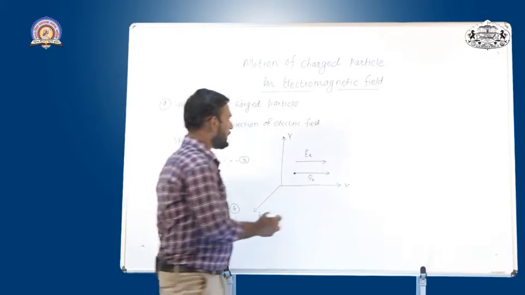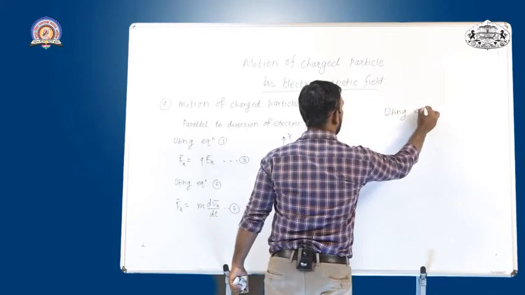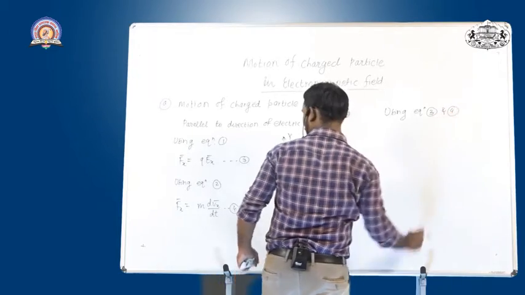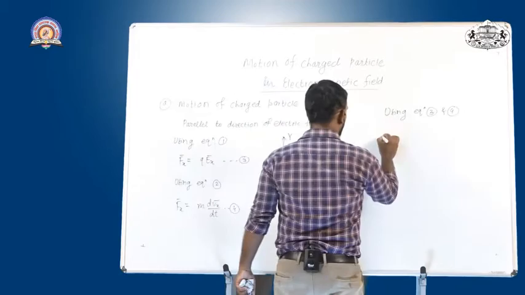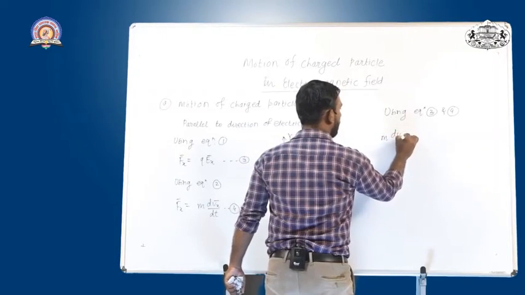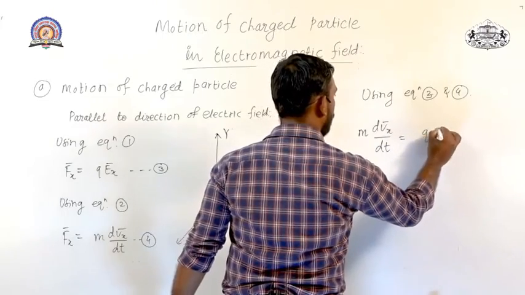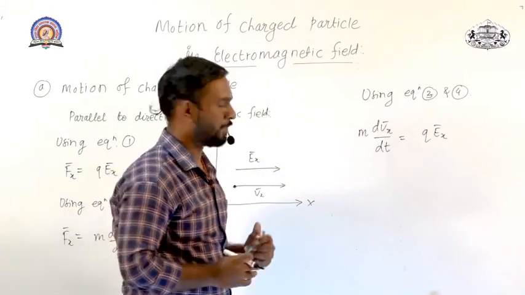Using equation 2, equation 3 and equation 4, if we combine them, we get m dvx/dt = qEx, where the bar indicates vector notation.